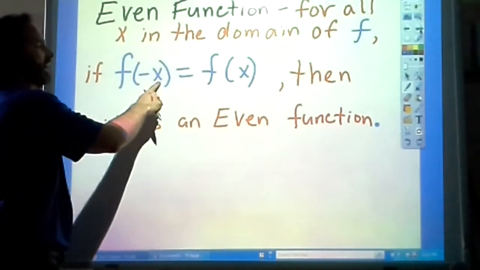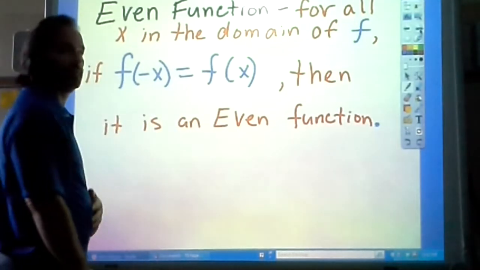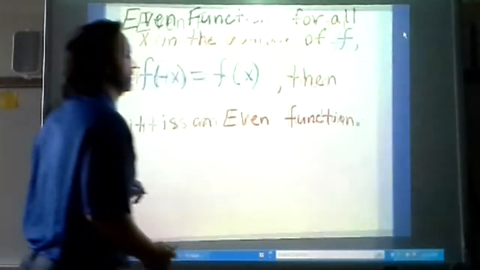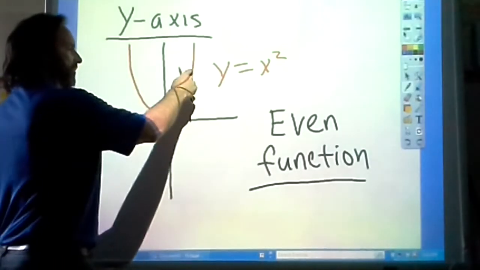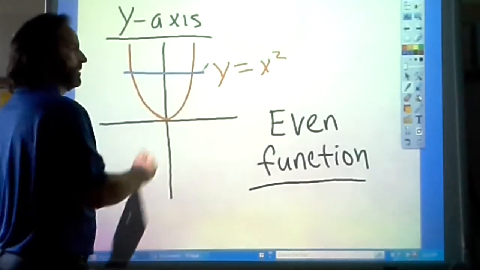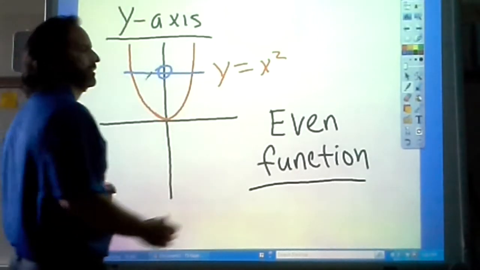So f of negative x equals f of x. Hence that parabola, right? f of x and f of negative x equal the same amount.